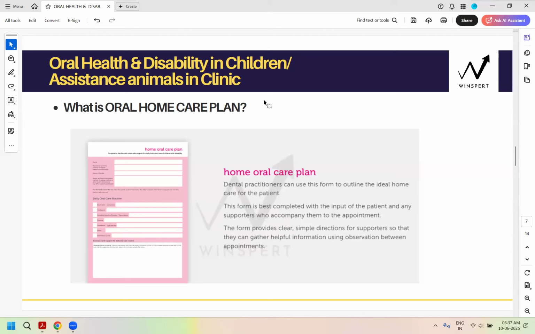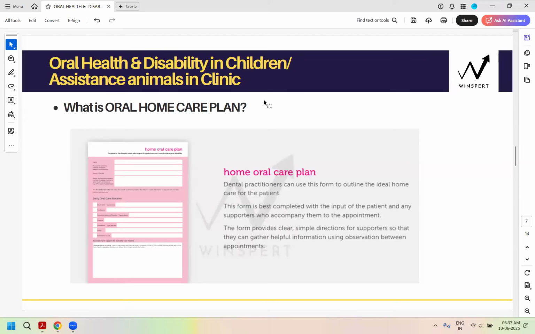So when they are in your clinic now, you will interact with the family members, carers, and support professionals, right? You will ensure that all the information is provided. Then you will start communicating with the child also, right? So you will have a wholesome communication, introduce them, talk to the child as well as parents throughout the consultation and also in future appointments.